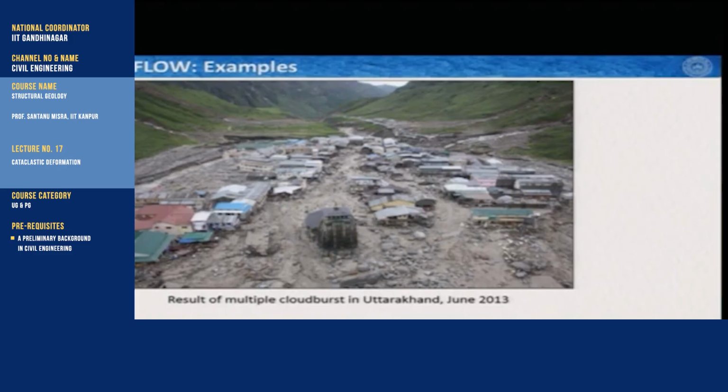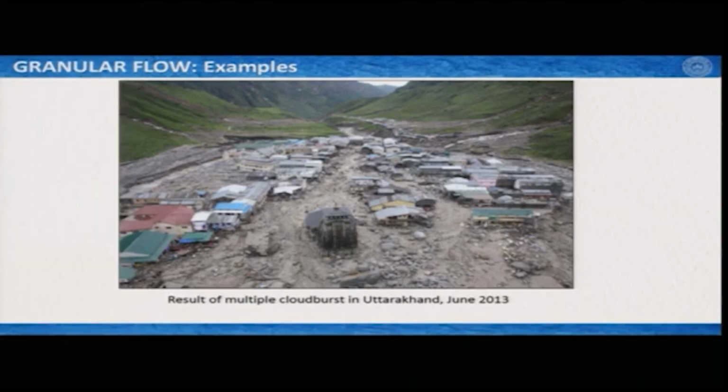If you think of examples, one of the recent devastating ones I can cite, which you can see in this image, is the multiple cloud bursts that happened in June 2013 in Uttarakhand, India. What you see here in the middle is the Kedarnath temple, and you can figure out the various boulders, pebbles and sand size grains all over, which flew with the aid of water along this direction.